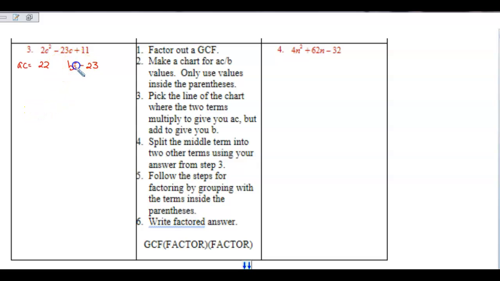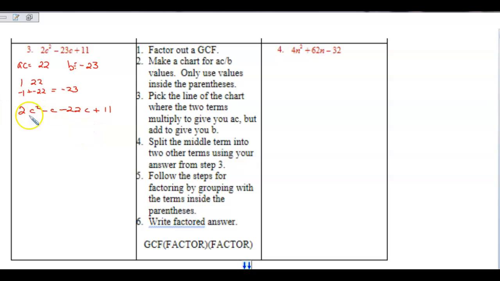So, 22 can be made up of 1 and 22, or negative 1 and negative 22. And I know if I add those together, I get negative 23. So these are the ones I want. So I'm going to have 2c squared minus c minus 22c plus 11.